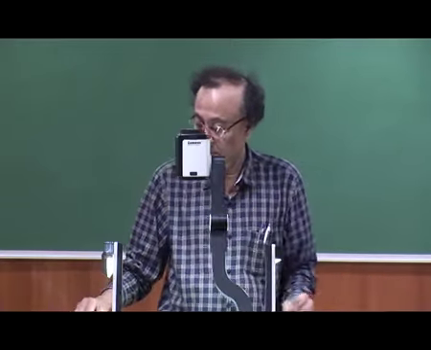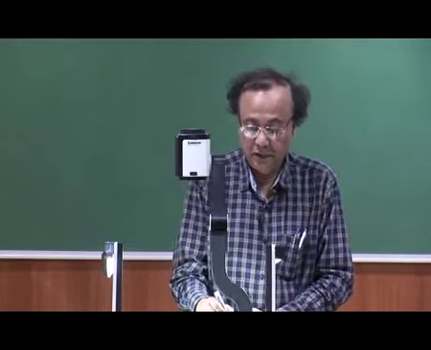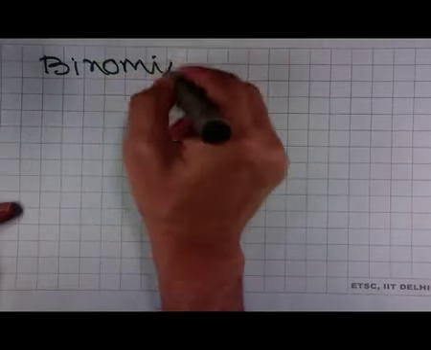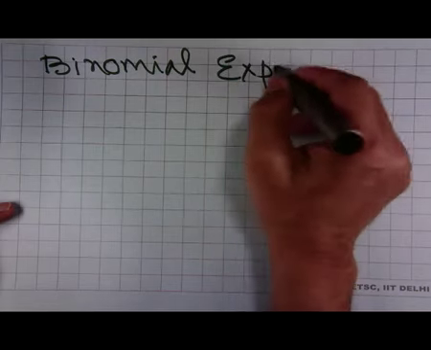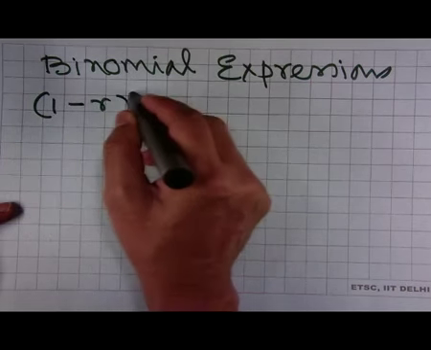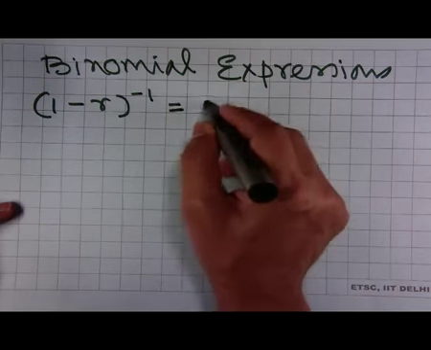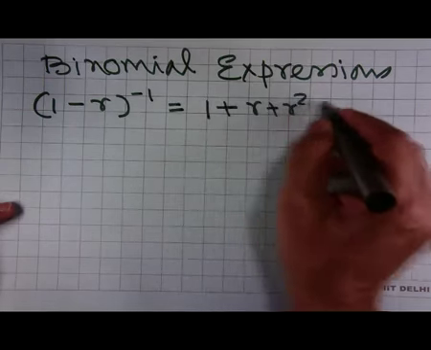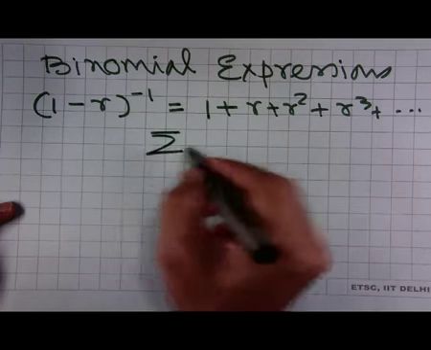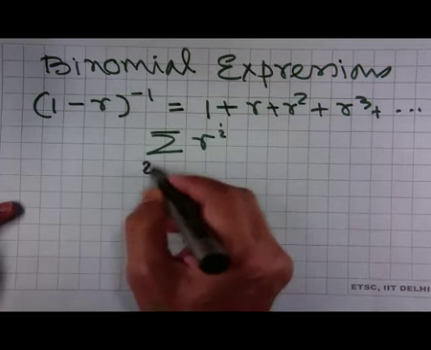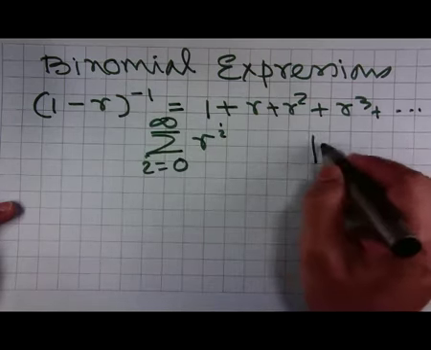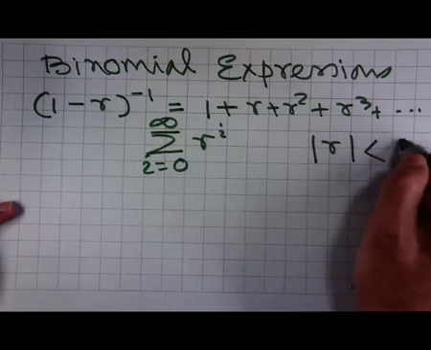If you remember, in the first lecture we were looking at binomial expansions of expressions such as (1 minus r) to the power minus 1, which is equal to 1 plus r plus r square plus r cube, that is sigma r to the power i, i equal to 0 to infinity, and this is valid for modulus of r less than 1.